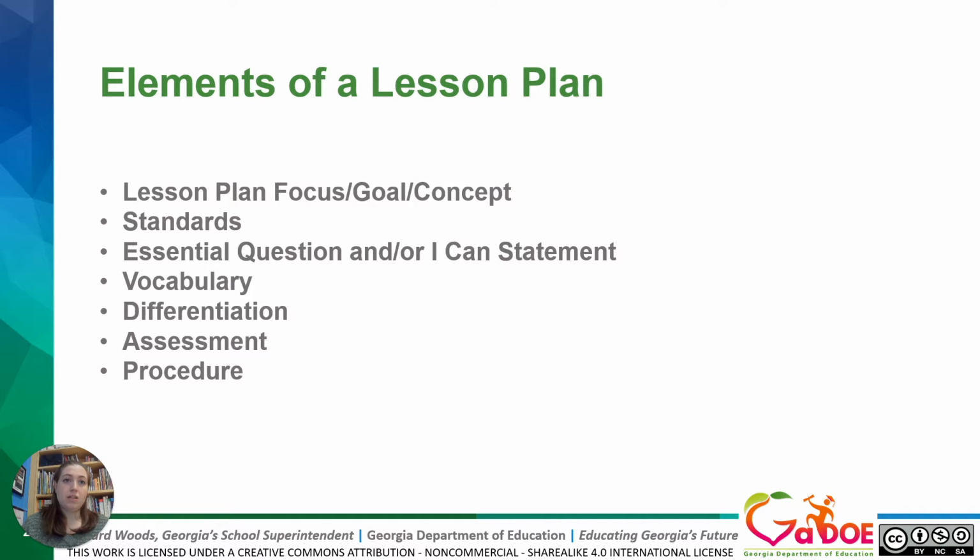Certain vocabulary terms that you'll be teaching in the lesson, ways that you're going to differentiate the instruction for different types of learners that are going to come into your classroom, how you are going to assess how the students have grown within that class period, and of course, the procedure, the steps that you're going to take to teach them the concept of the day.